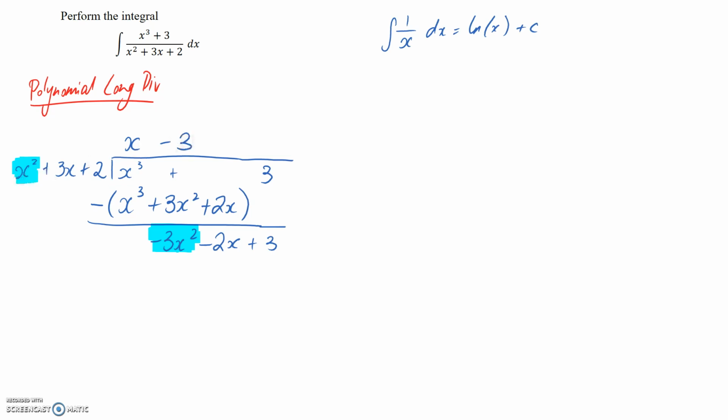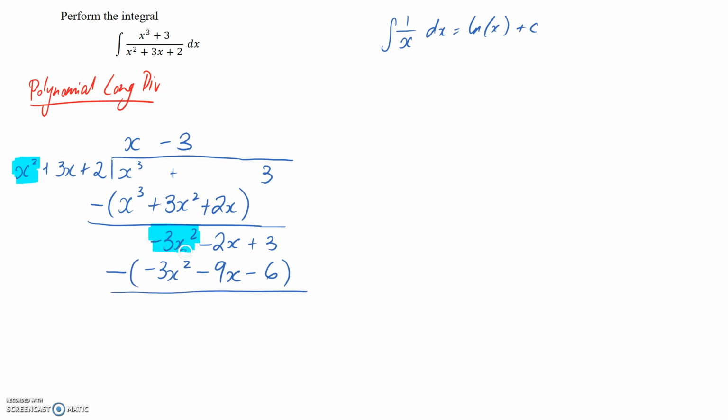So negative 3 times x squared is going to leave us with negative 3x squared. Negative 3 times 3x, that's going to leave us with negative 9x. And then negative 3 times 2 is going to leave us with negative 6. So we need to take all of this away from what's above.